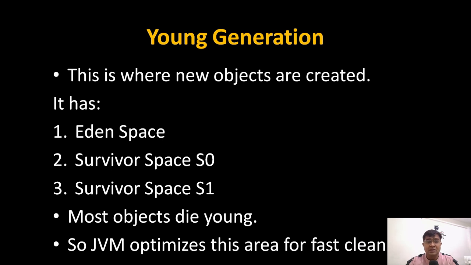It has Eden space, survivor space zero S0, and survivor space S1. Most objects which are young die here. So JVM optimizes this area for fast cleanup.